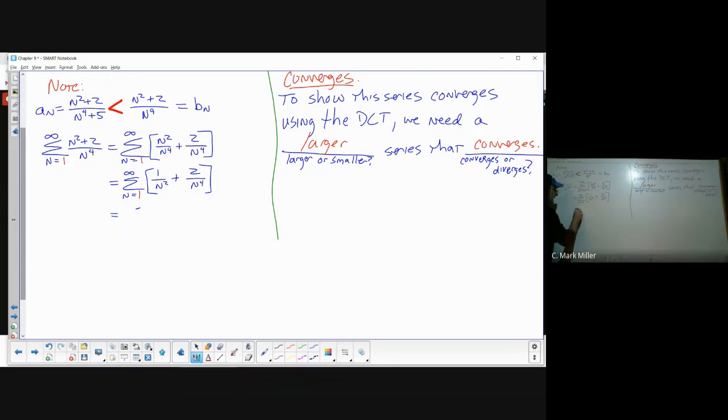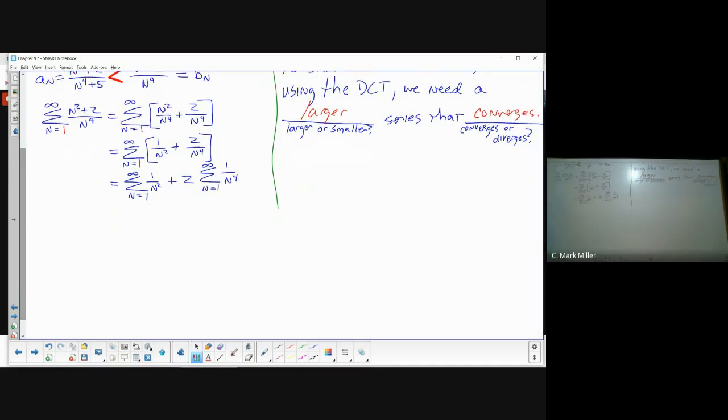So this is going to be sum n equals 1 to infinity, 1 over n squared, plus 2 times the sum, 1 over n to the 4th. These two series, I keep saying sums. A series of a sum is the sum of the series. That's what I should have said.